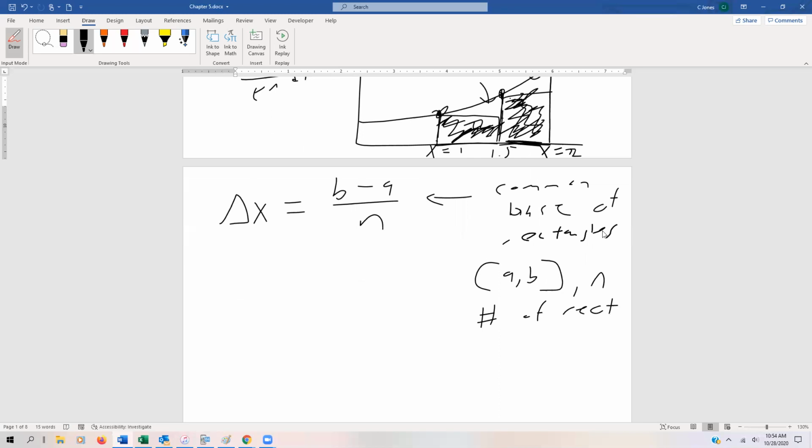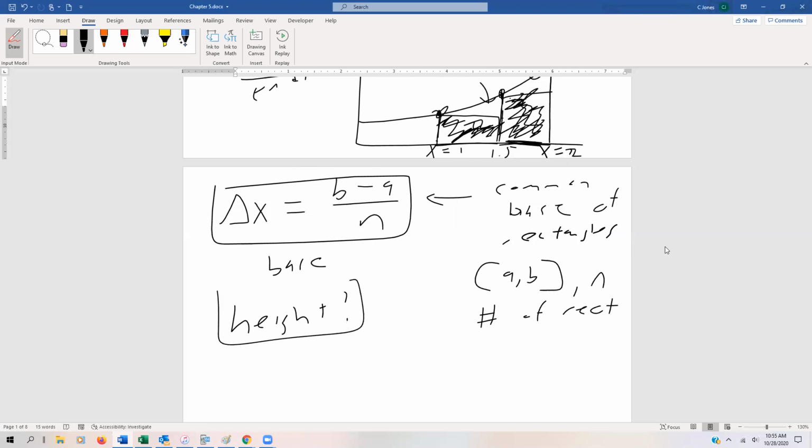And so we're probably going to have to draw some diagrams to be able to do this nicely. And then once we have those diagrams, we can just go through and use the formula. So we know that this is the base. Well, what is the height?